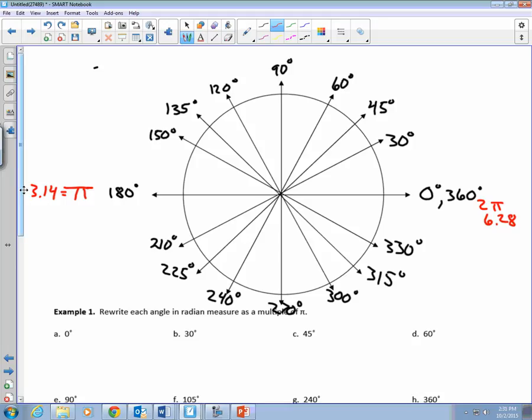Now, you'll kind of like this, but 90 is half of 180, correct? So for pi, we'll just go pi divided by 2. And now you need to learn how to count. 0 pi over 2. 1 pi over 2. 2 pi over 2.